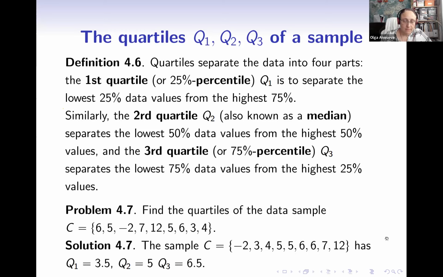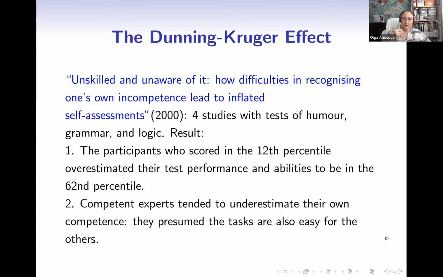But let's try to check our understanding on a very particular real-life problem. I suggest we try to apply our knowledge to real-life studies, which is now known as the Dunning-Kruger effect. It was published in the year 2000 in the paper named in front of you, Unskilled and Unaware of It.